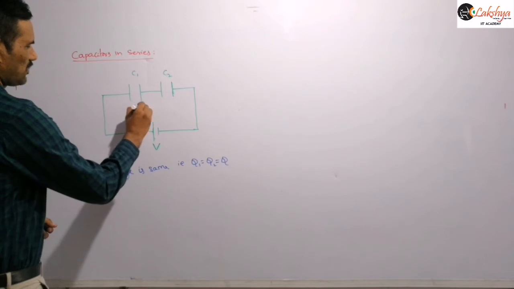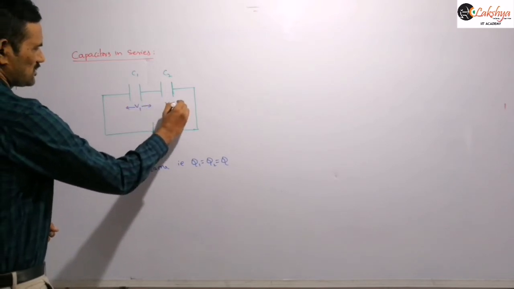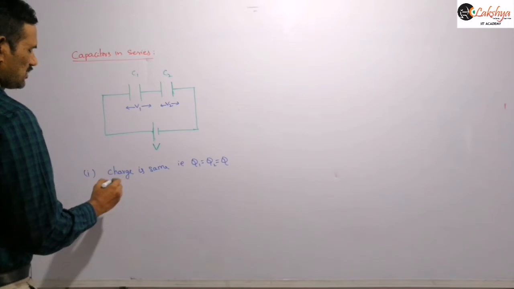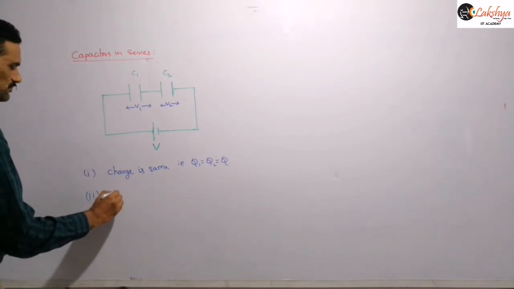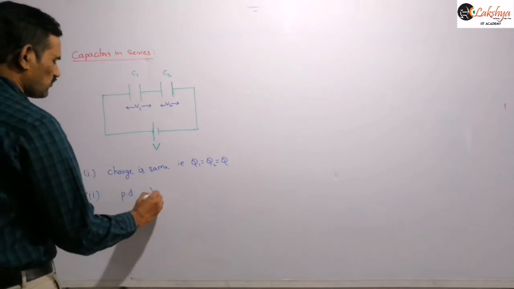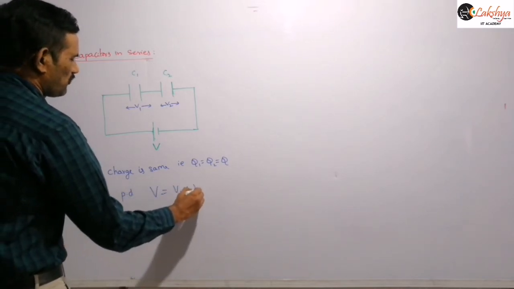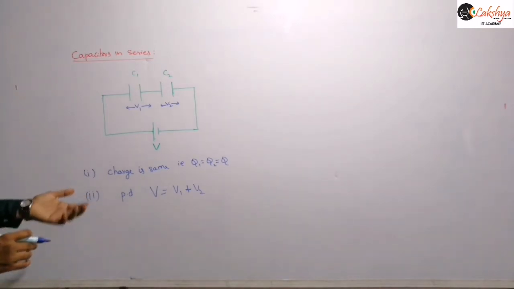Now suppose I take the potential difference across this as V1 and across this as V2. So the total potential difference V is equal to V1 plus V2 when capacitors are connected in series.